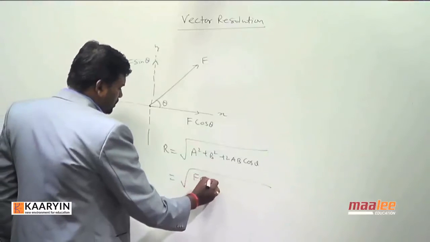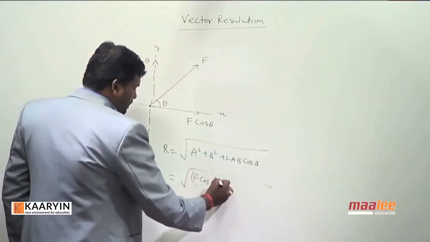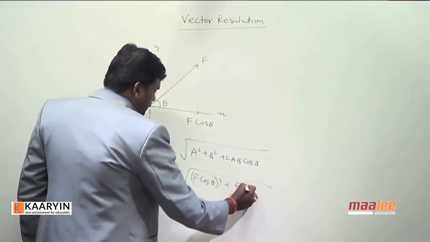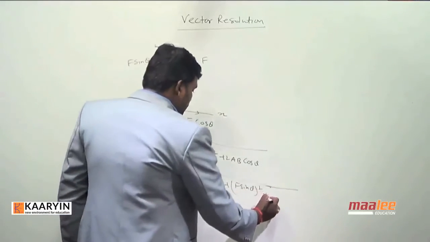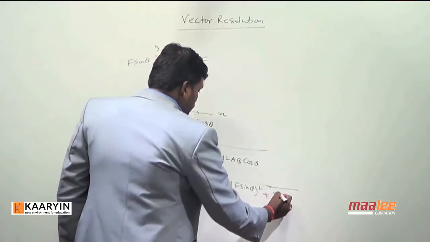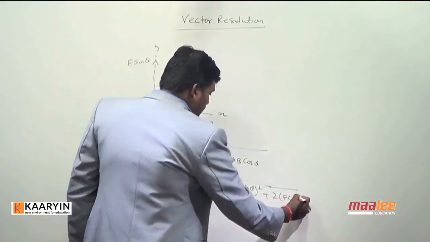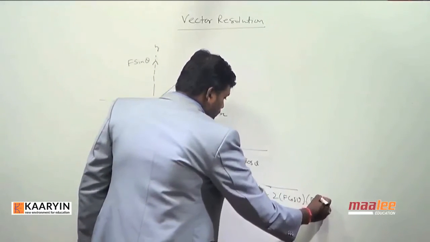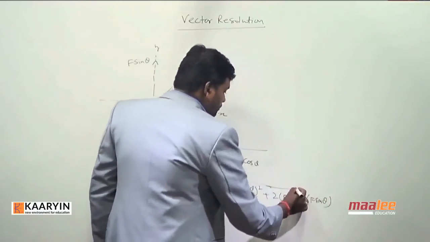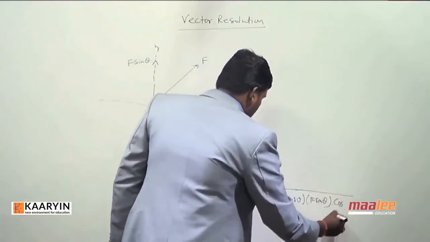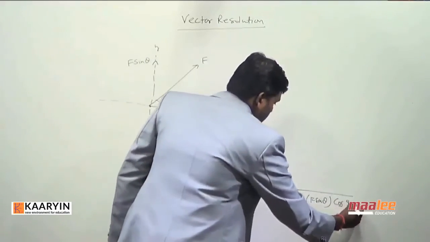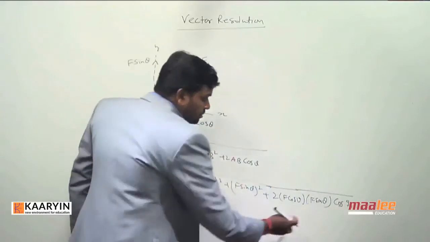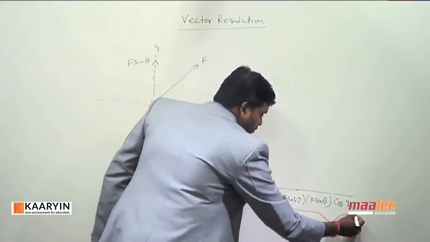Suppose F cos theta whole square plus F sin theta whole square plus 2 F cos theta F sin theta cos of the angle between them. What is the angle between F cos theta and F sin theta? That is 90, and cos 90 is 0. So this term is now 0.